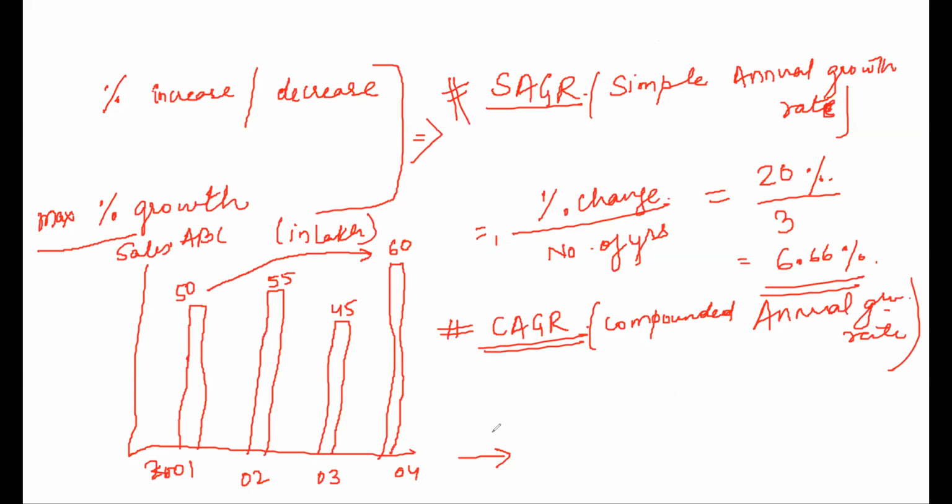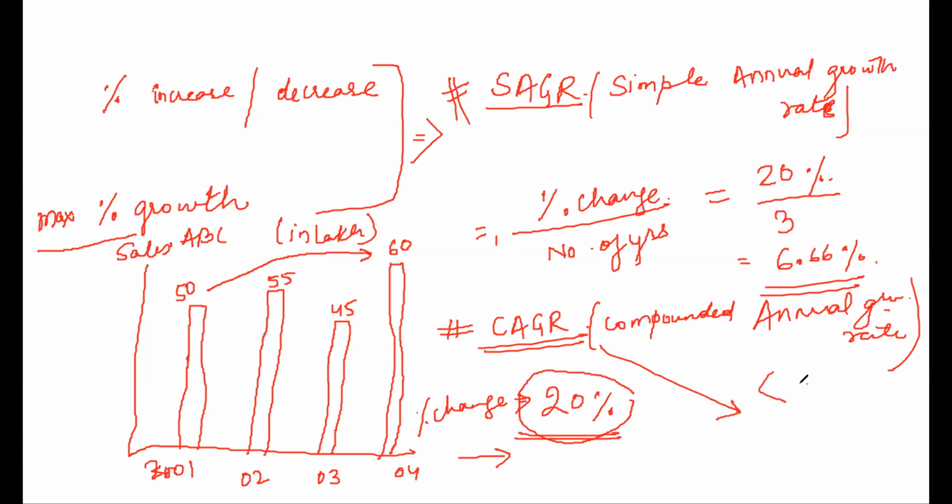That means what number, if we compound, will reach 20%, because our percentage change we know is 20%. So what number compounded 3 times, because the years are 3, will reach 20%? That is what we need to find. So first thing, whenever this is asked, CAGR is always less than your SAGR.